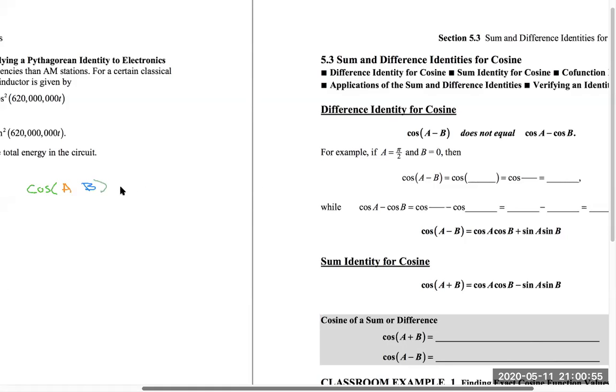Okay, we're going to put our equal sign, and then for both cases, we're going to put cosine. Put your A and your B. Leave some space, put another A, space, and then put another B. So the A's and B's are going to be in the same order throughout your entire identity.